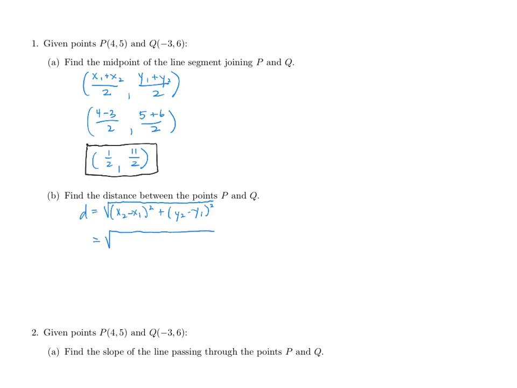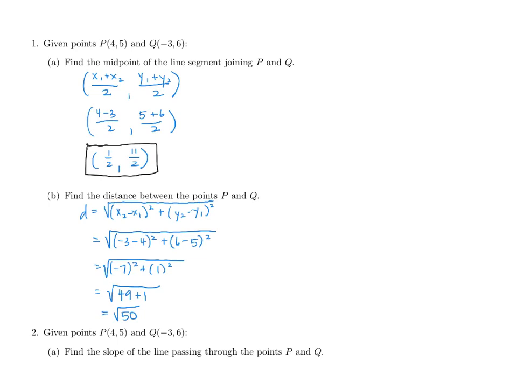So we have -3 minus 4 squared plus 6 minus 5 squared. So that's going to be -3 minus 4 is -7. And then 6 minus 5 is 1. So -7 squared is 49. 1 squared is 1. So that will give us the square root of 50.